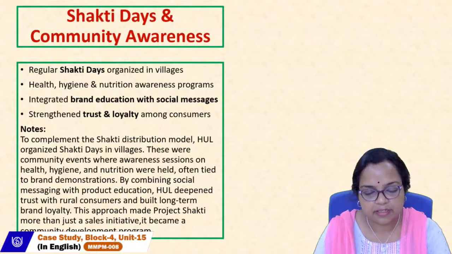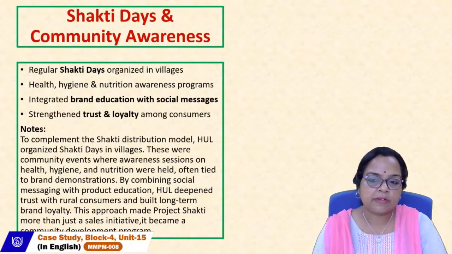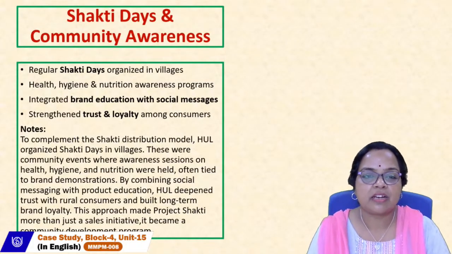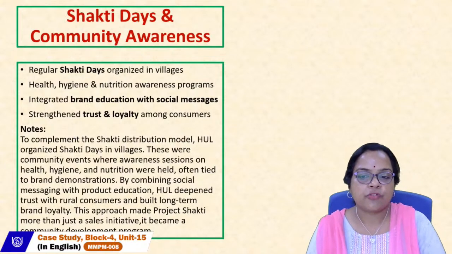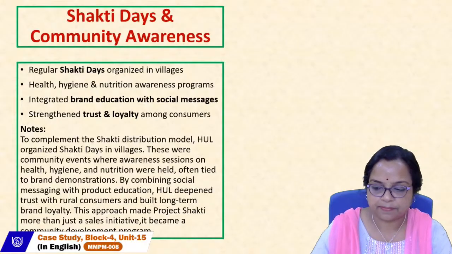So it was a success story for HUL, through Shakti Ammas, then the involvement of Shakti Mans, then through Shakti Ammas and Shakti Mans, they conducted Shakti Days. So from individual association, they entered into mass association.